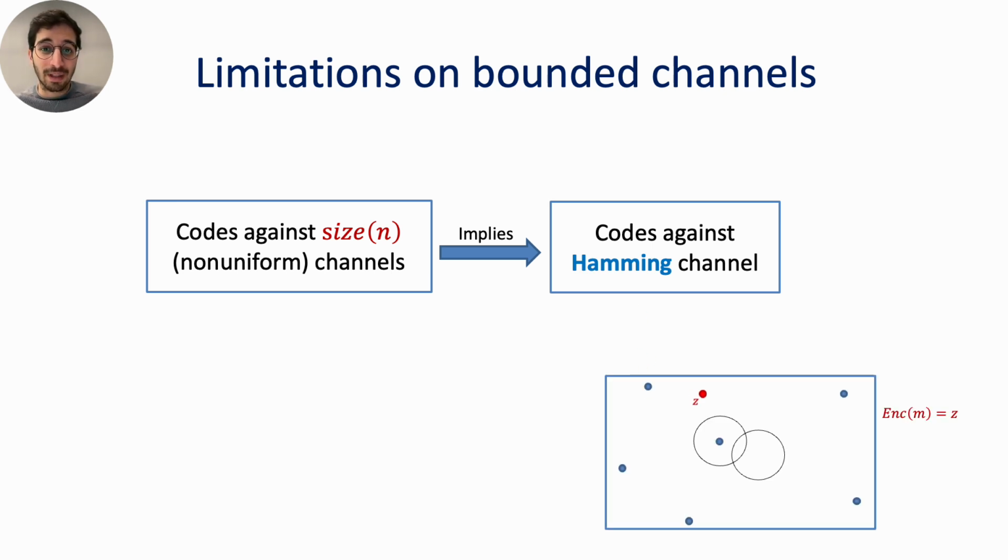And the reason is, well, we can use this non-uniformity to hard code an error pattern that would induce an error inside the adversary. So the adversary could be just hard coded with this error pattern that we know should imply errors. So if there are two code words that are too close to each other, that is to say the code is not good for Hamming, then just by hard coding this distance between these two code words, we're able to induce a decoding error.